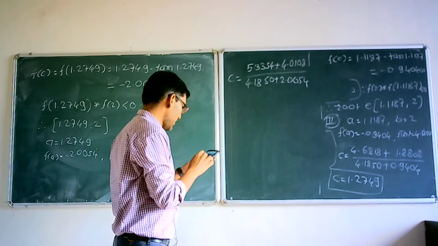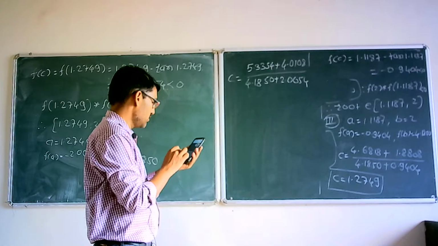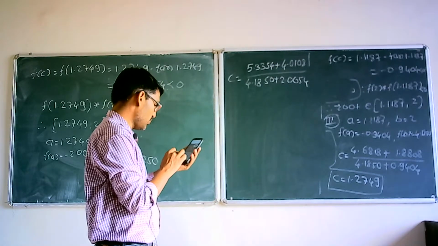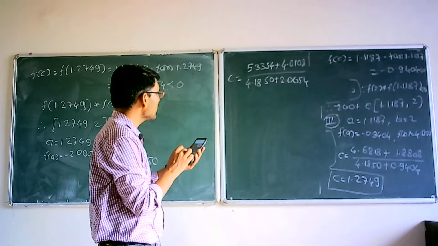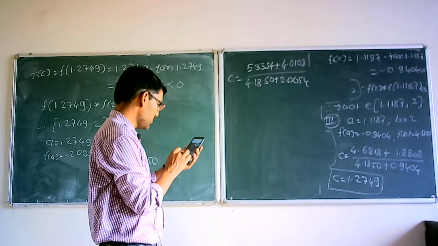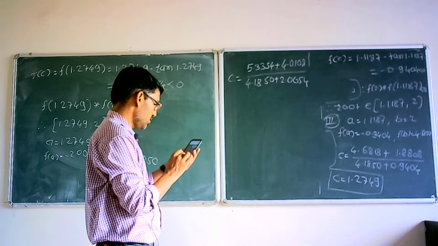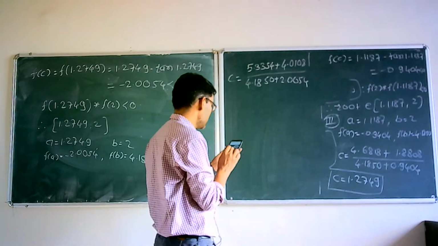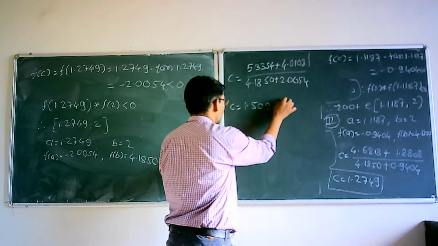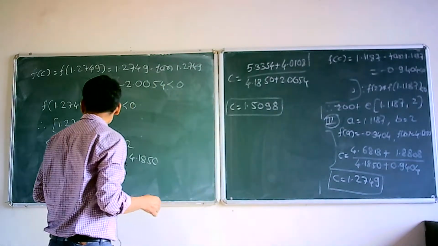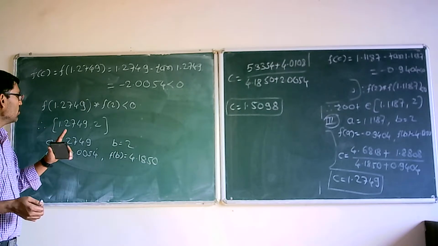So 5.3354 plus 4.0108, this whole divided by 4.1850 plus 2.0054, you will get 1.5098.